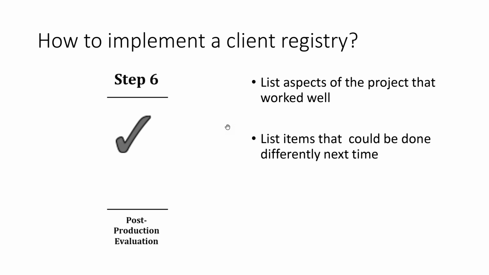One helpful exercise that we can do is to make a to-do list. In the first list, the team should document the aspects of the project that work well. Why do we need this? So that we can continue doing this part of the project. Another one would be the list of items that could be done differently next time.